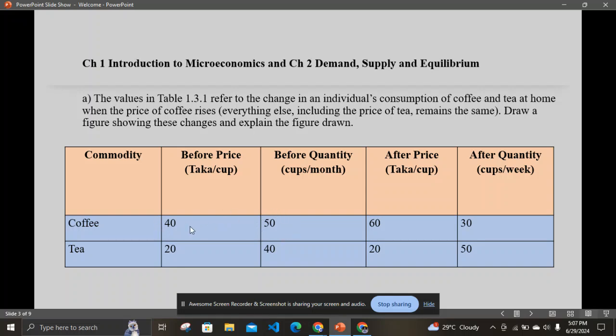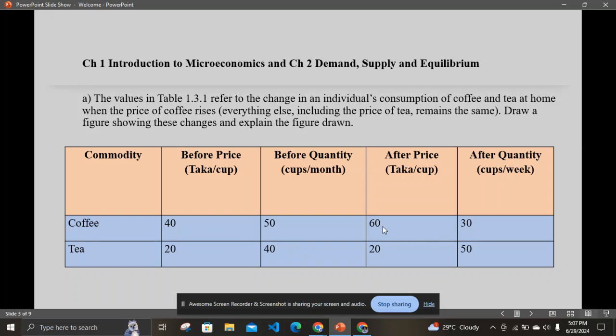But when the price shoots up from 40 taka to 60 taka per cup, we can see here the clear decrease of consumption. At 60 taka, the consumer consumes less, 30 cups. So at 40 taka per cup, the consumption is 50 cups per month.